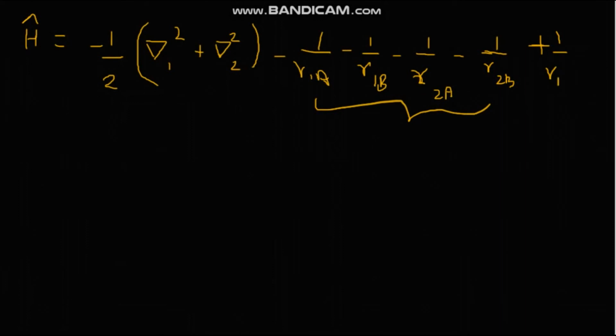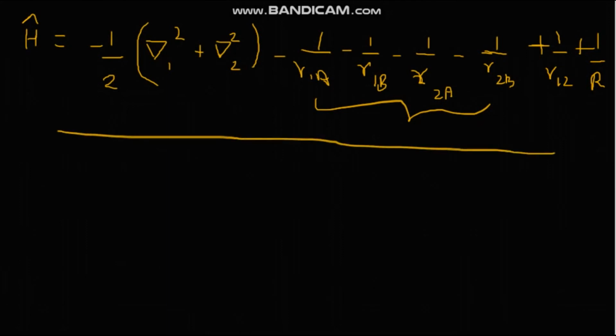It becomes 1 by r12 plus 1 by capital R. So this is called the Born-Oppenheimer approximation for Hamiltonian operator calculations in a simple hydrogen molecule. Thank you very much.